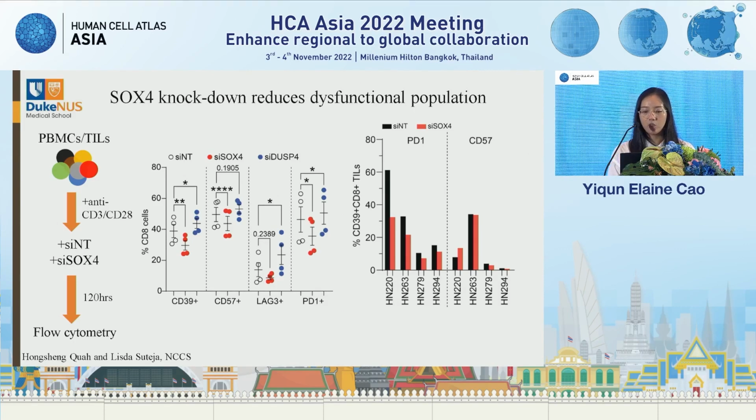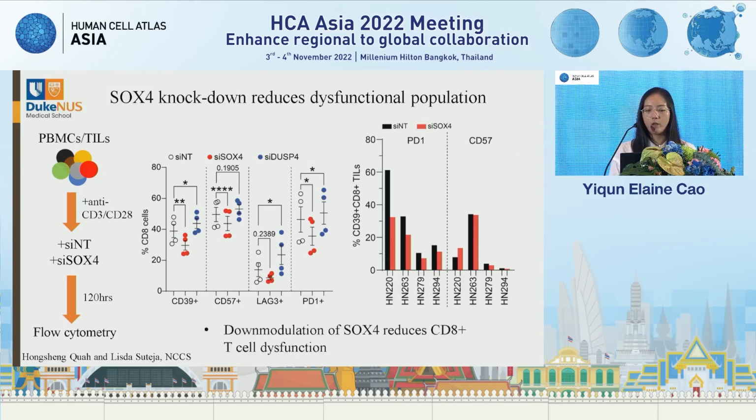Similarly, in the TILs, which we derived from 4 patients, if we focus on the putative tumor-targeting CD39 positive subpopulation, SOX4 knockdown results in a reduction in the PD1 TIL subpopulation. So all these results implicate that downregulation of SOX4 reduces CD8 T cell dysfunction in our patient.